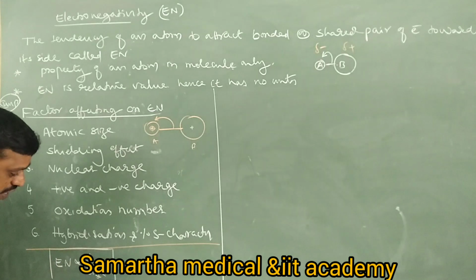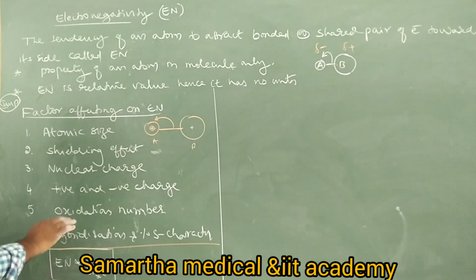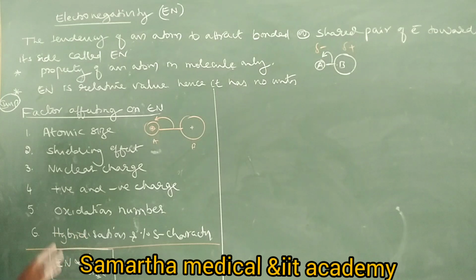So electronegativity is inversely proportional to atomic size. If you remember this one formula, you understand everything easily.